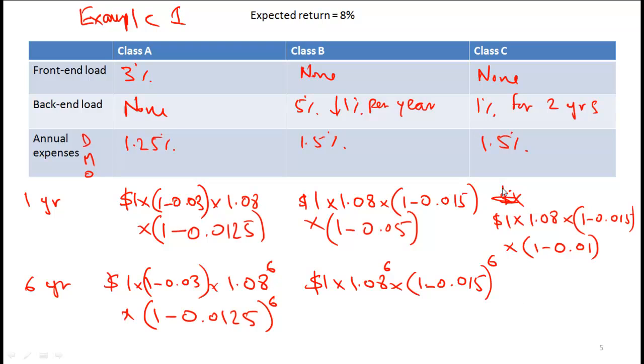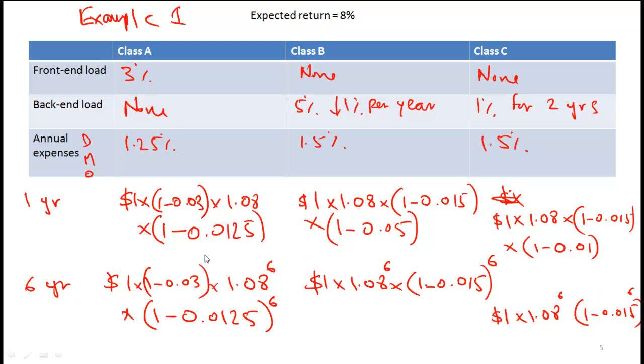And then for class C shares, you have $1 which is invested, which grows at 1.08 to the power of 6, multiplied by 1 minus 0.015 also to the power of 6.